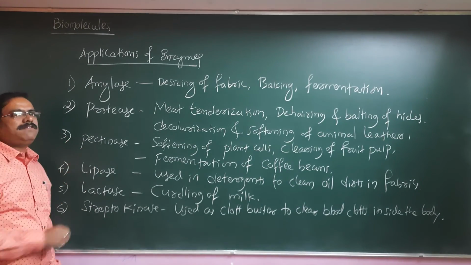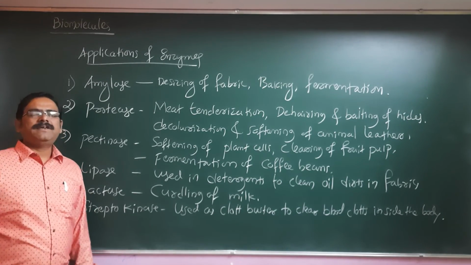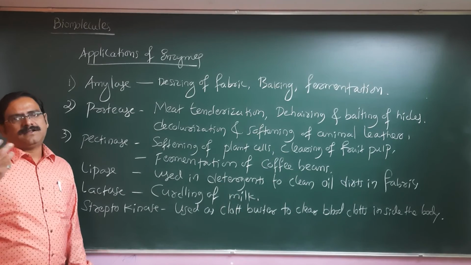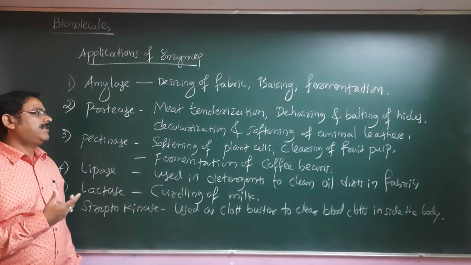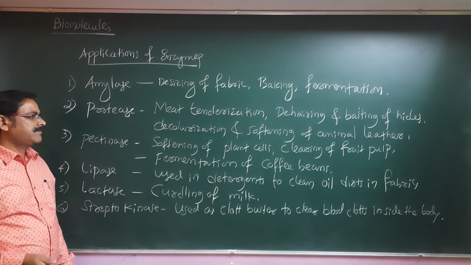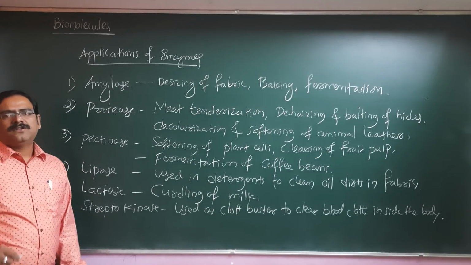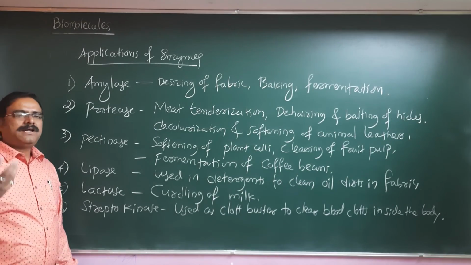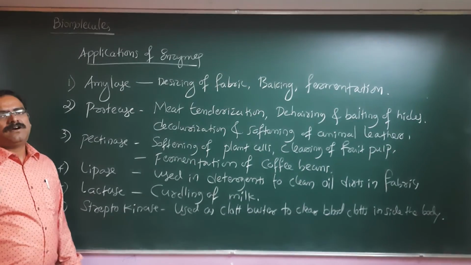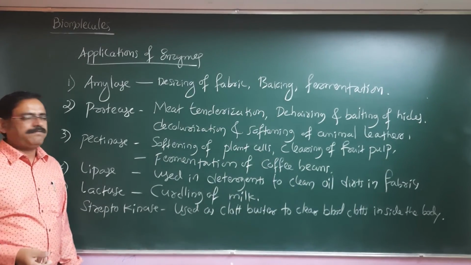But when it is treated with pectinase, that dissolves the pectin, and we get very clear fruit juice. We call this the clearing of fruit pulp using pectinase. Fermentation of the coffee beans also uses pectinase, so that the coffee beans become soft enough, and then the extract has a very good flavor.